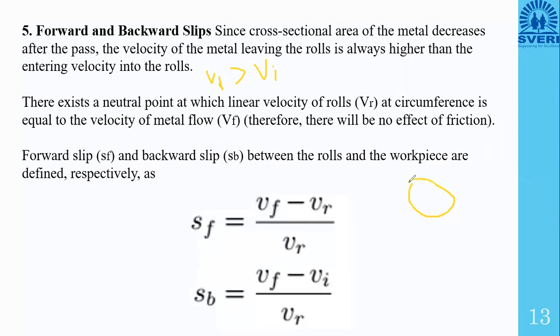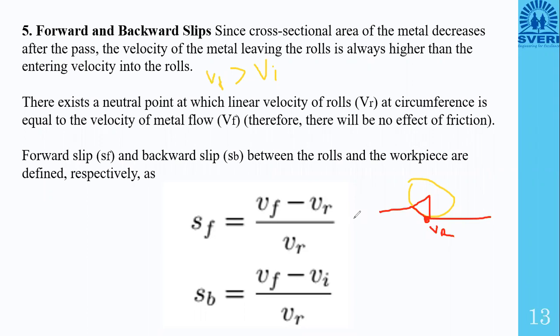This is the roller, this is the metal. This is our angle theta, and this is the point, we can call it VR, where very little or no friction is present.